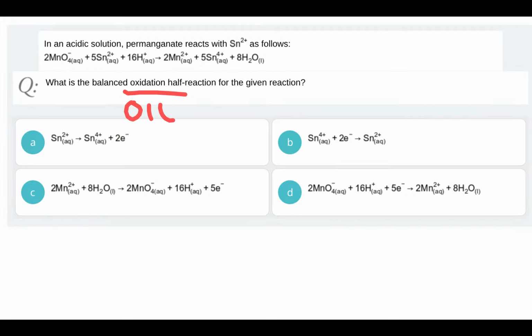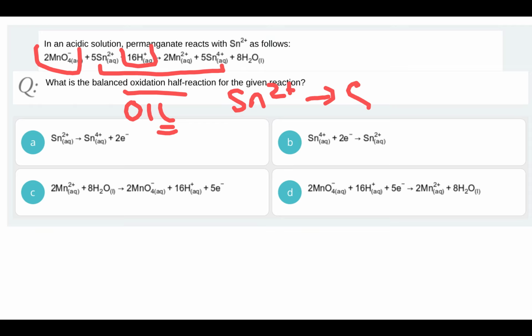So we would have one half reaction involving the tin, and then your other half reaction would be the permanganate with the hydrogen, and then we would balance it out. Because it's oxidation and it's involving loss, and your tin 2 positive is losing electrons and turning into tin 4 positive, that would mean the answer, which is our first one, is A.